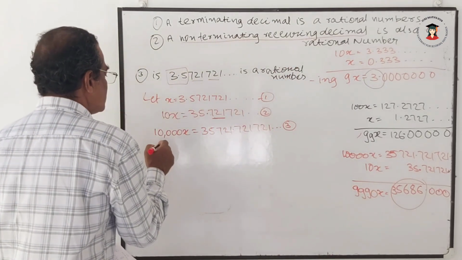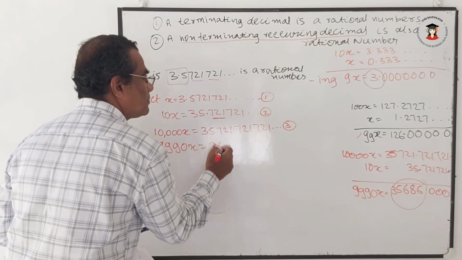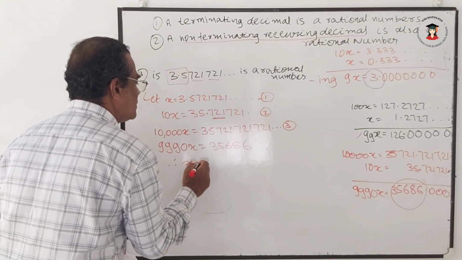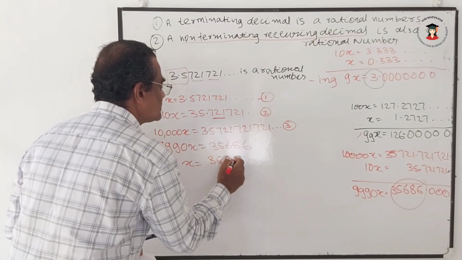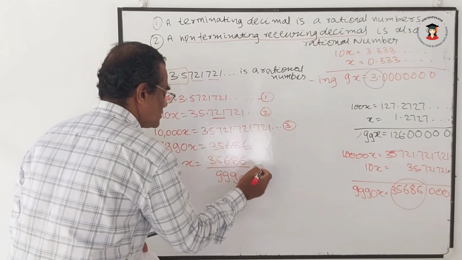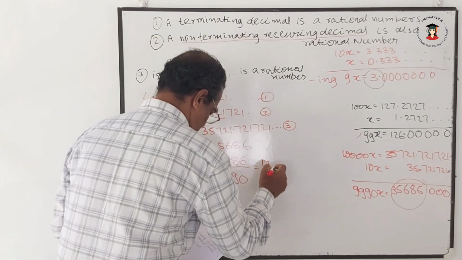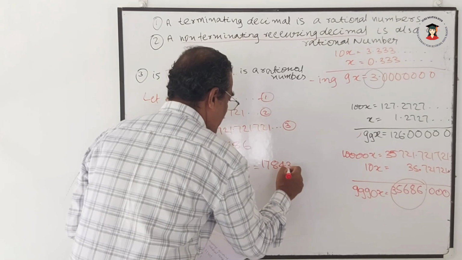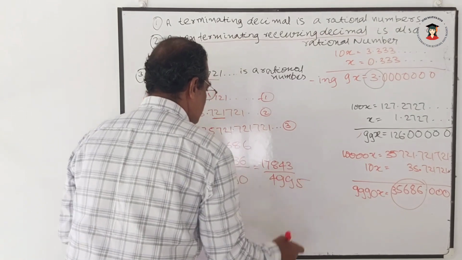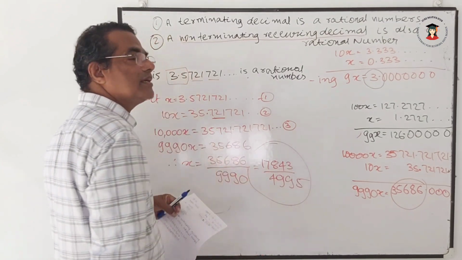So the equation I got is 9,990x equal to 35686. Therefore, x is equal to 35686 divided by 9,990. On simplification of this will give 17843 divided by 4995, dividing by 2. So in the third example also we obtained it as a rational number.